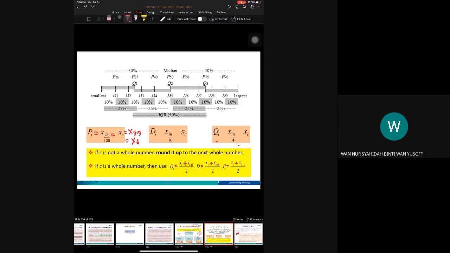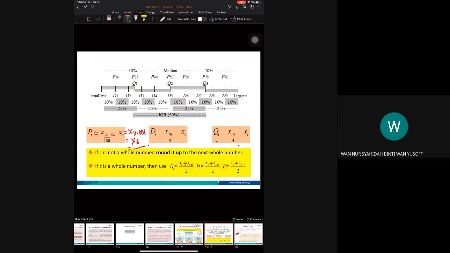We do not use the common rounding rules. Even though you have 5.001, we also round up to the next whole number, which is 6. So it means data number 6 in order. That's your answer, if we have a continuous value or decimal places.